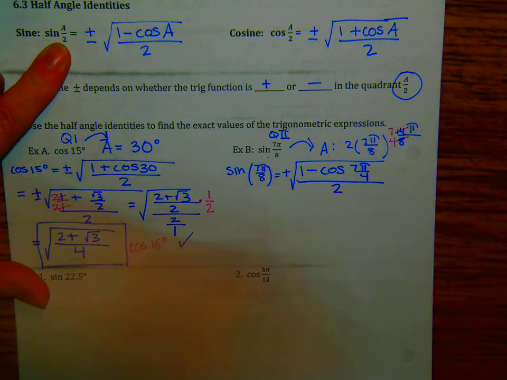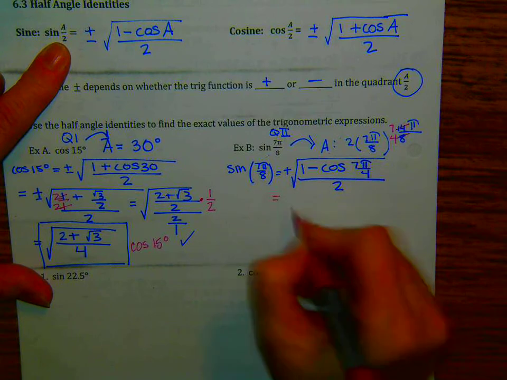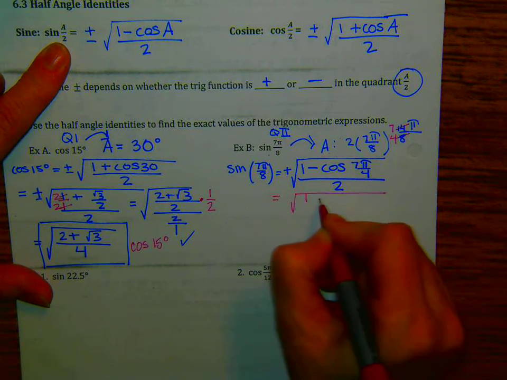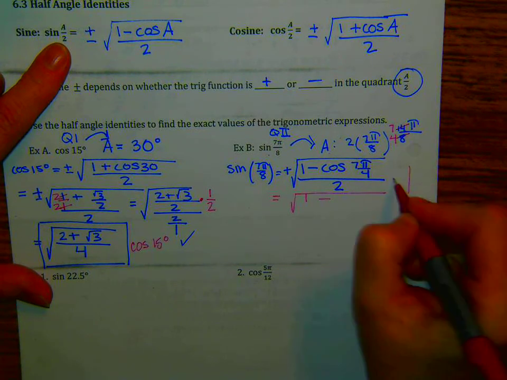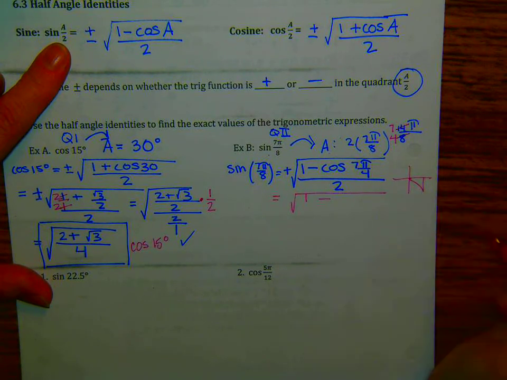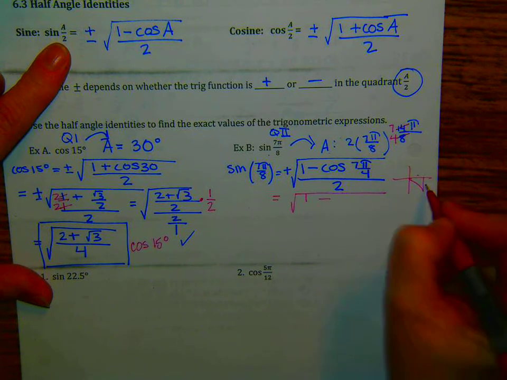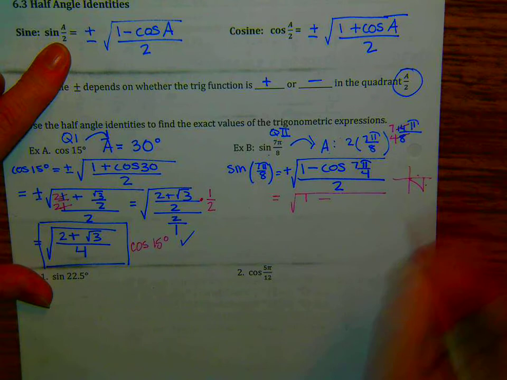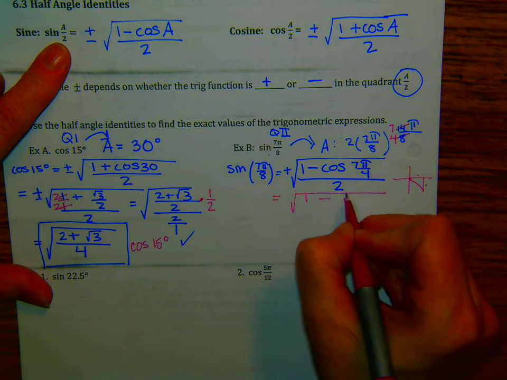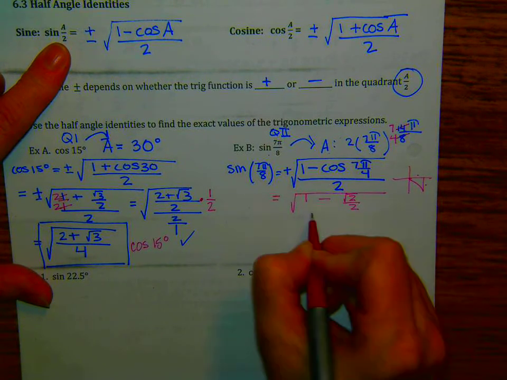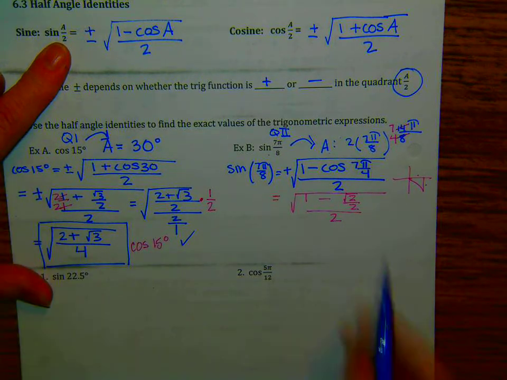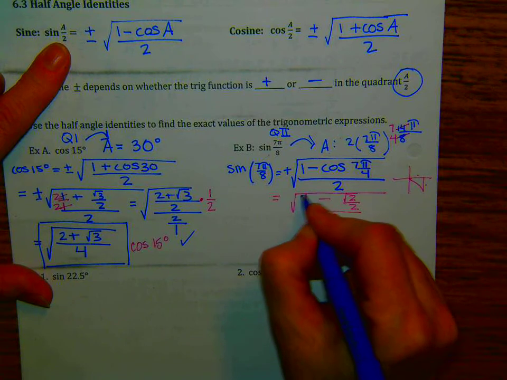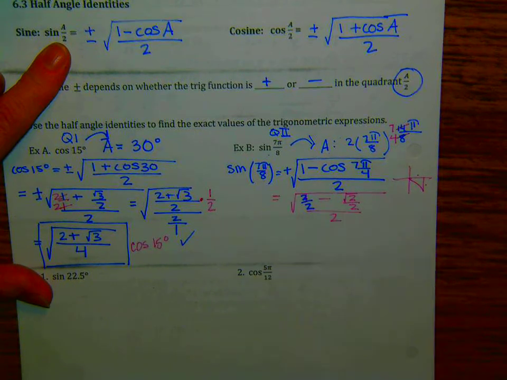So this is equal to the square root of 1 minus the cosine of 7 pi over 4. What is the cosine of 7 pi over 4? That's a 45-degree angle in the fourth quadrant, and cosine there is a positive radical 2 over 2. So we've got radical 2 over 2, all over 2. What do I need to do? I have this numerator, and I need to get common denominators. This becomes 2 over 2.